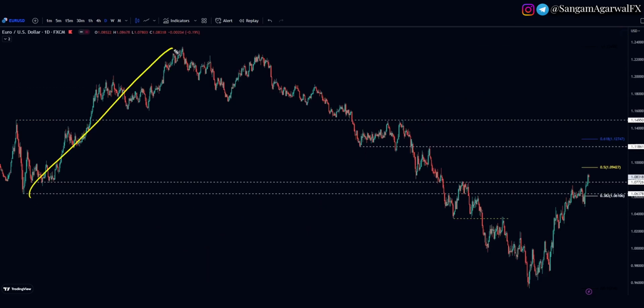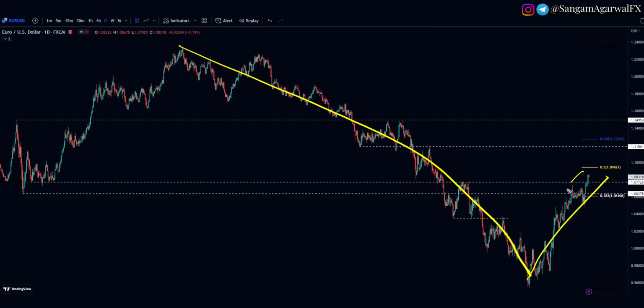On the daily time frame of Euro USD, everything is clear, and this bearish trend has completely ended, and this was your first impulsive wave.